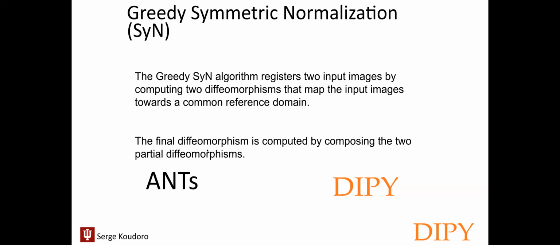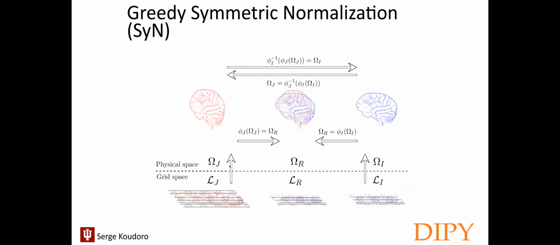This algorithm can be found in ANTs. This is the original implementation. And we have another implementation in DIPY that we did a few years ago. If we come back to our previous diagram, this is the explanation of the symmetric algorithm. We have our image I and our image G, and we are warping both to the middle.